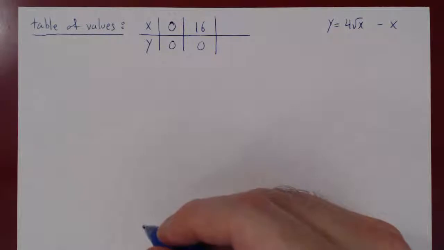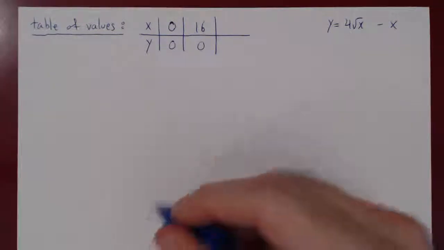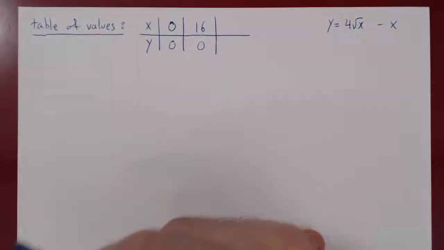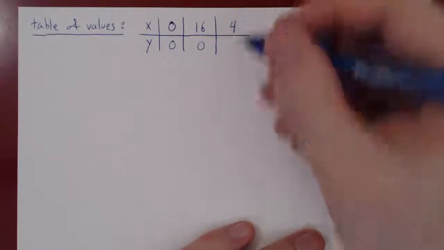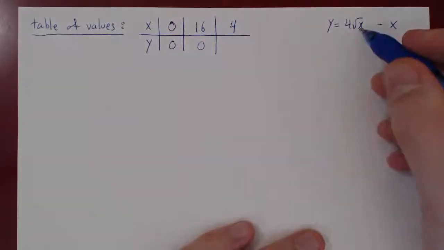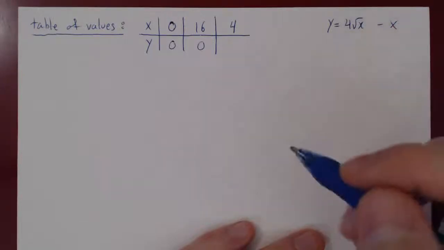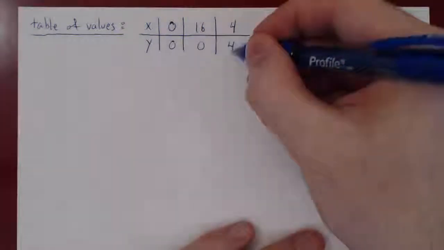Then we found 2 critical points, x equals 0, which we already have here, and x equals 4. If you plug in x equals 4, you have root of 4, which is 2, times 4 is 8, minus 4 gives us 4.